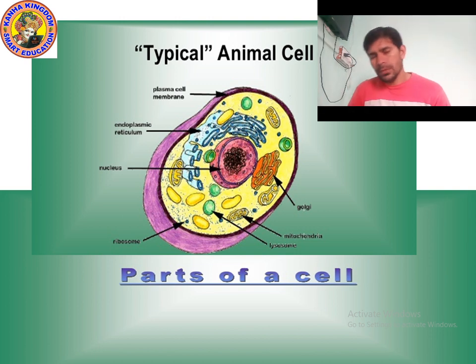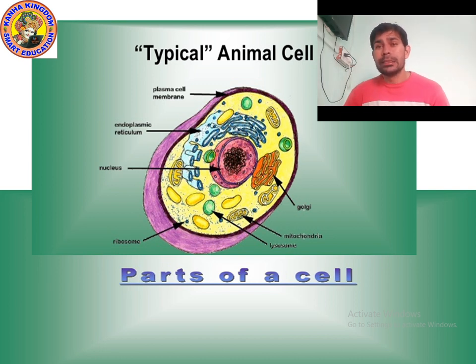Okay. Now let's talk about the discovery of the cell. Robert Hooke was the first scientist who discovered the cell, with the help of a microscope, in 1665. Robert Hooke discovered the dead cell.